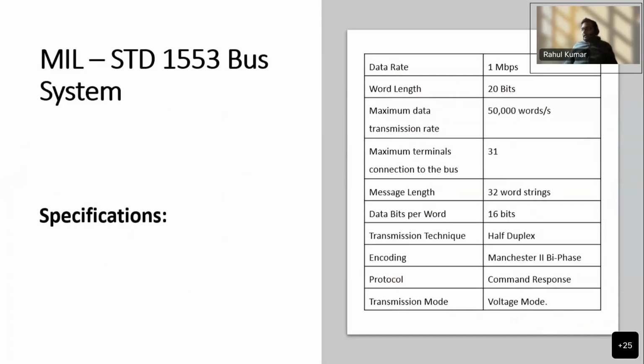Now these are the specifications of the military standard 1553 bus system. So data rate is 1 Mbps. The word length is 20 bits, and the maximum transmission rate is 50,000 words per second, and the maximum number of terminals it can support is 31.